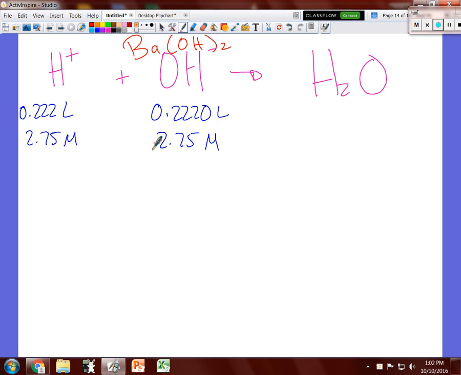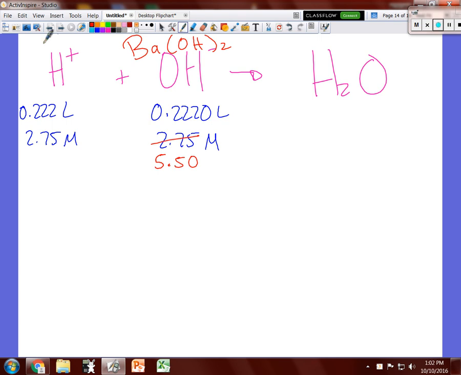So, that is not the concentration of the hydroxide ion. 5.50. Because for every one barium hydroxide, you have how many hydroxides? Two. So the concentration should double, which automatically makes who the limiting reactant? The hydrogen ion.